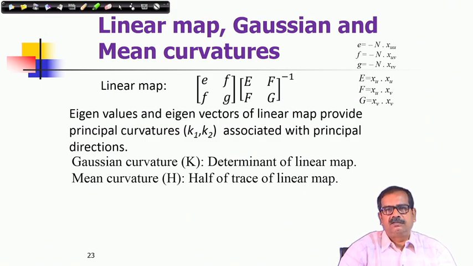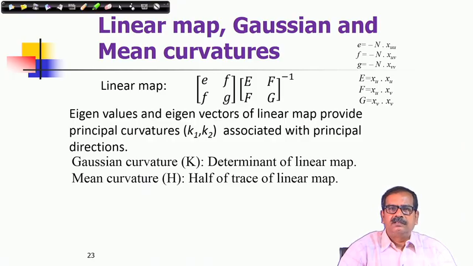So, curvature is very critical information to understand the local surface topology or geometry. And so, there are two entities which are very intrinsic. One is Gaussian curvature, which is a very intrinsic property of the surface geometry, and that can be computed as the determinant of the linear map, which is actually the product of these two principal curvatures.